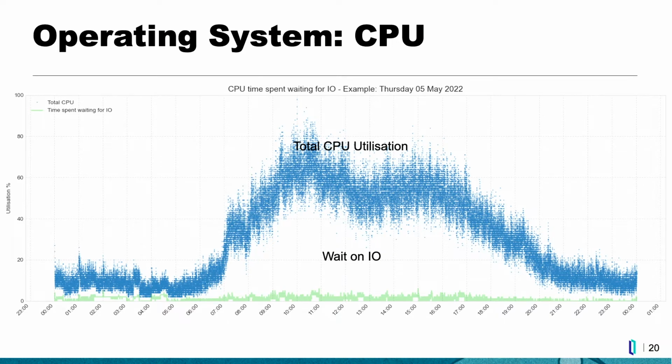If wait on I/O is bumping along at single digits, that's usually fine, but once that number starts to go up, it's a clue to me that I want to go and start looking at the storage, because typically it's a storage problem. So once the wait on I/O comes up, it's the processor saying, I want to read some data off disk, and it's just not available. You've got to get in there. The process will start spinning, and this wait number here will go up.